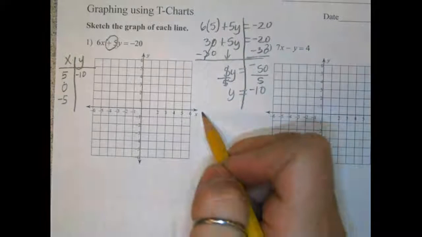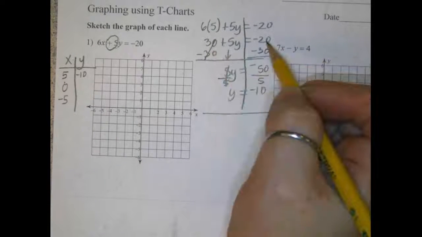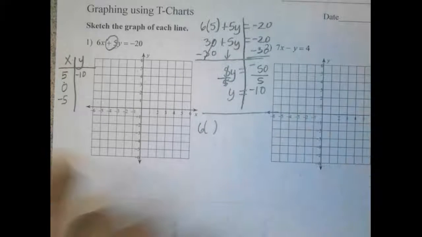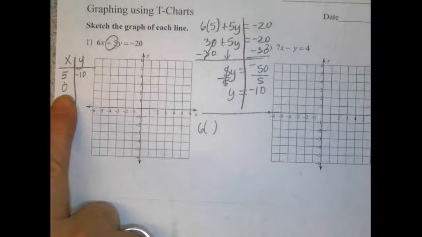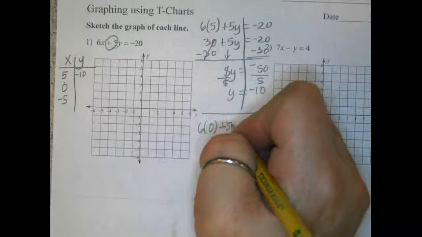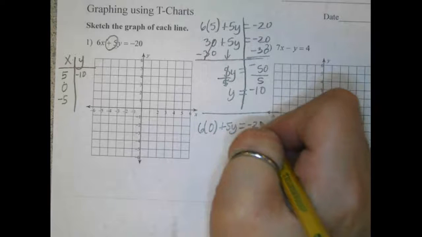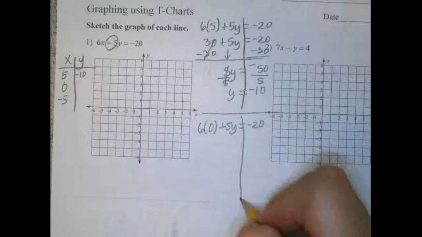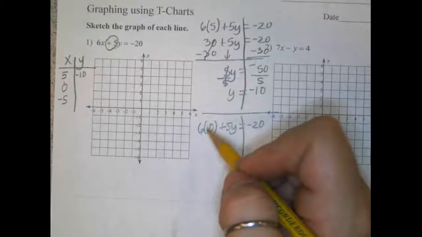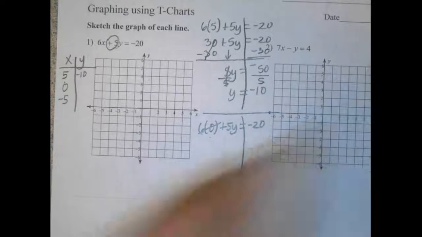So now I do it again. Same thing I did. I'm going to rewrite my problem, and instead of x, I'm going to put parentheses. My value for x is going to be 0 plus 5y equals negative 20, right? What is 6 times 0? That leaves me with 5y equals negative 20, right?